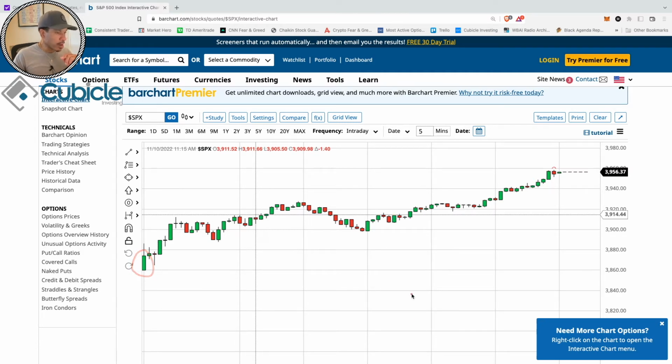Each one of these candlesticks represents 5 minutes of price action. So remember, I thought I was safe because the market had already jumped 111 points right out the gate. My position was on the call side, right? On the call side, I had a vertical spread on at 39.50, so that was my short strike.